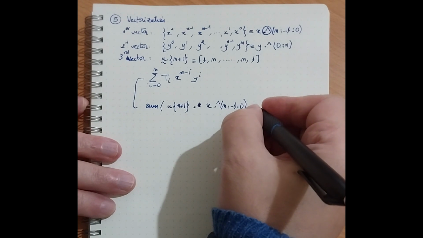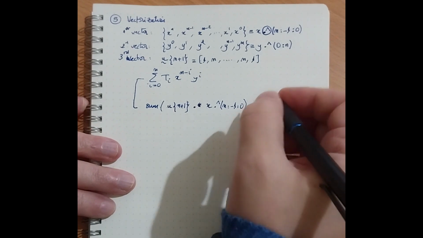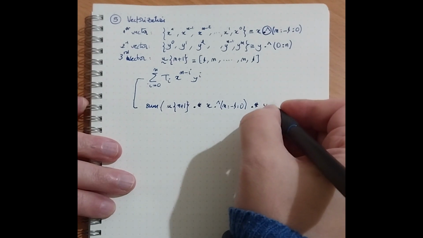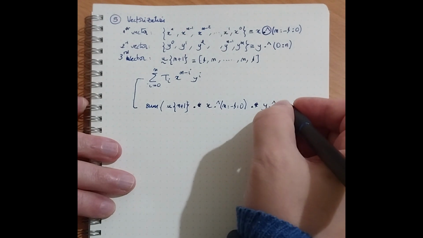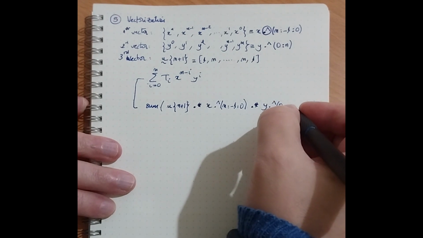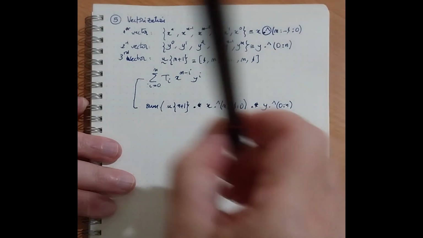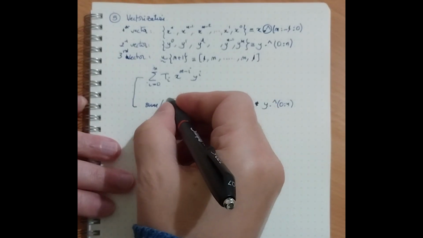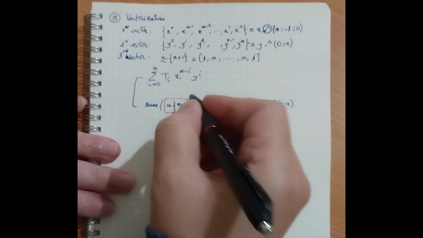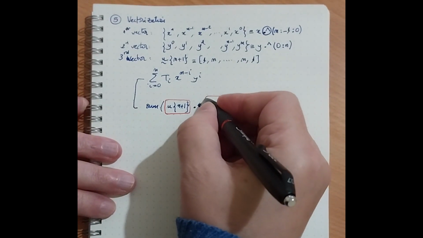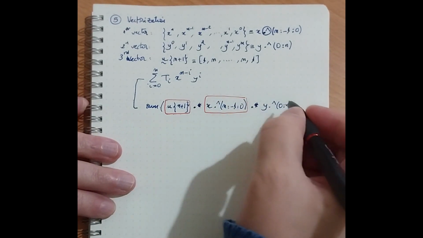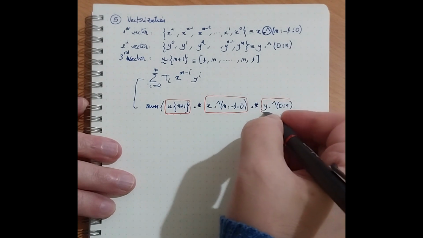And then multiplication element-wise by y to the power of 0 till n. So this is the first vector. This is the second vector. And this is the third vector.